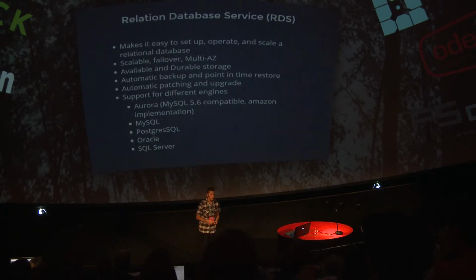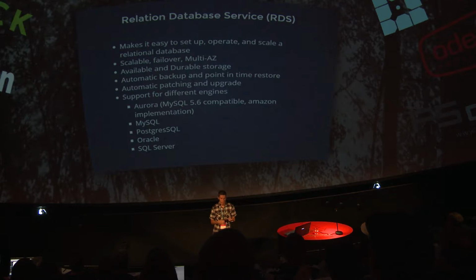The last component in this section is Relational Database Service. Relational Database Service is a database management system in the cloud. It's completely scalable and it does support failover. What does RDS do? Well, it supports automatic patching and upgrading of your instance, so you don't need to do that manually, and you don't need to worry about that.